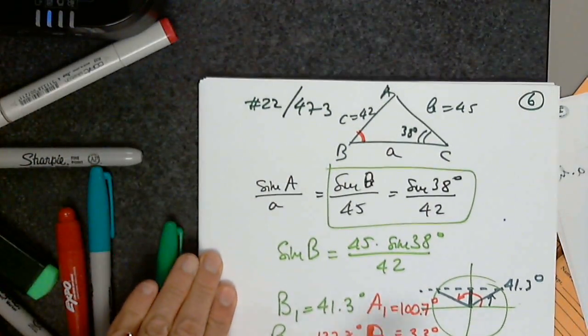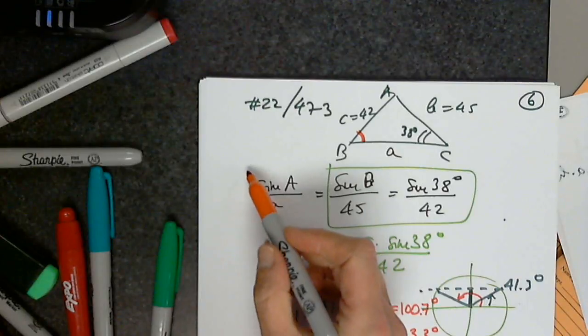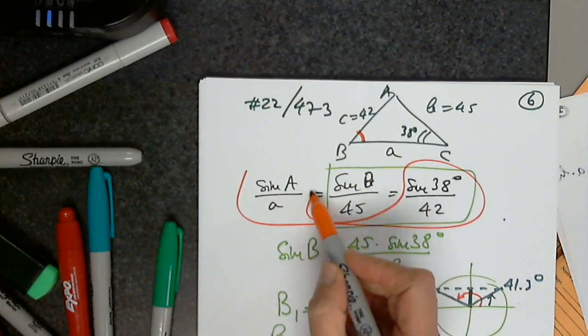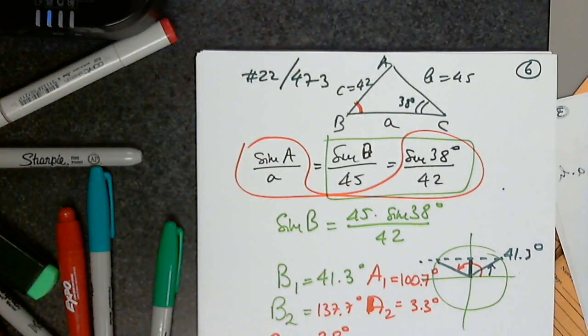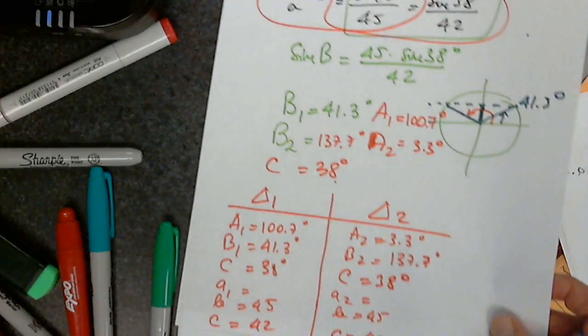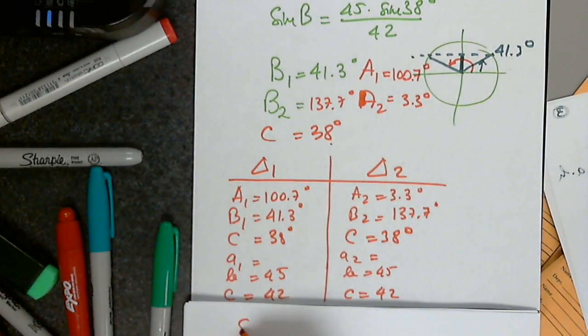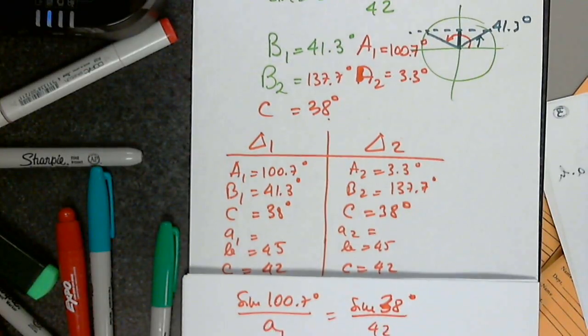So I come back here. So here's where side A is. I will be using this, in which I write the sine A over A. But I do have A now, angle A. So I write sine 100.7 degrees divided by lowercase a1 equals sine 38 degrees over 42.